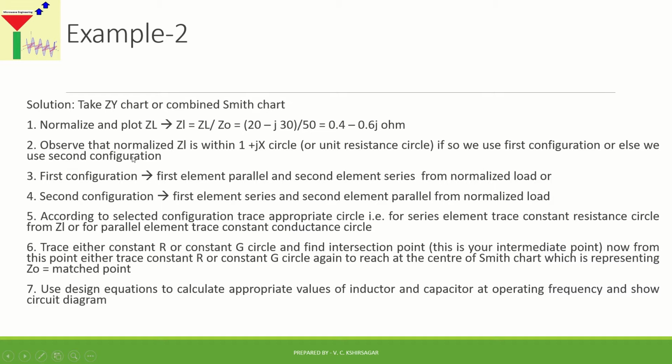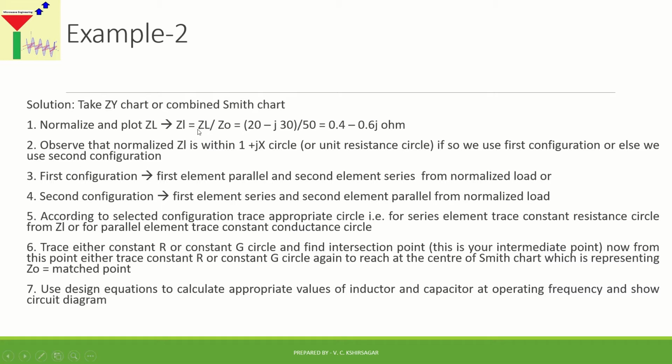So in the solution, first plot the normalized value of load impedance. What do we mean by normalization? Whenever we want to plot any impedance point on the Smith chart, the first step is to normalize it.